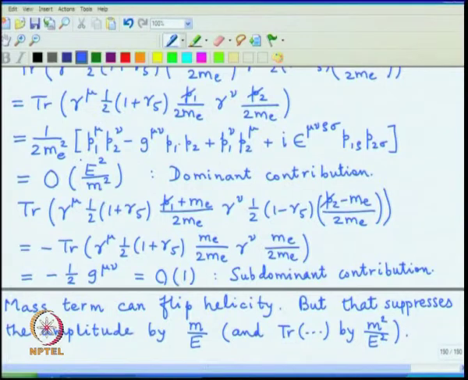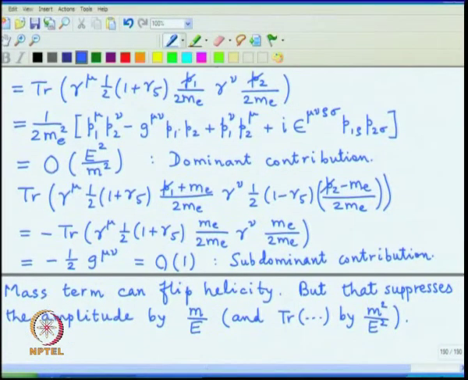And we see that explicitly in the calculation where the allowed helicity combination is larger by a factor of order E square over m square over the unfavored contribution, which comes from the mass term flipping the helicity.